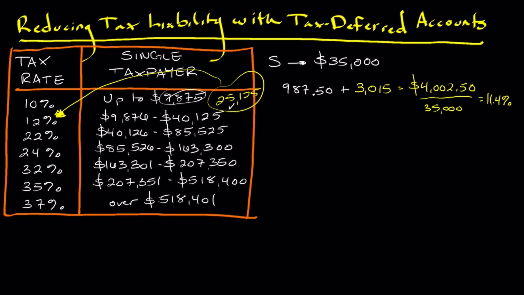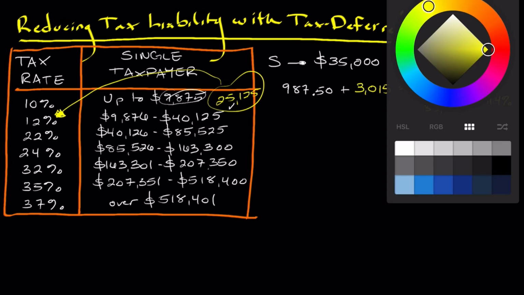But it also has the secondary benefit of reducing our tax liability. So there are a couple of big benefits associated with investing into tax deferred accounts like 401ks or traditional IRAs. How this is going to work is we are going to first determine how much we're going to contribute to our 401k.